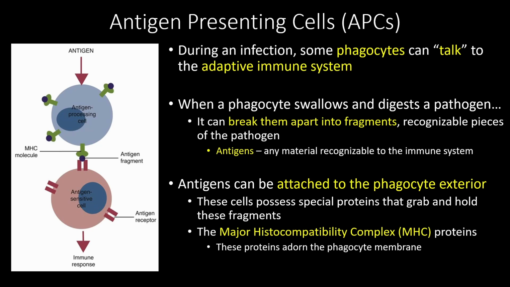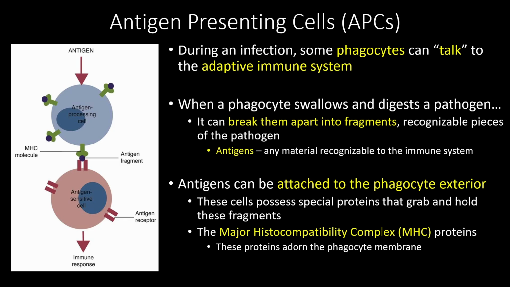So how do we do that? Well, some phagocytes have this ability to talk to the adaptive immune system. In particular, our dendritic cells are really responsible for this. When they swallow something foreign, something that is causing trouble, some pathogen, they break it down in their lysosome.